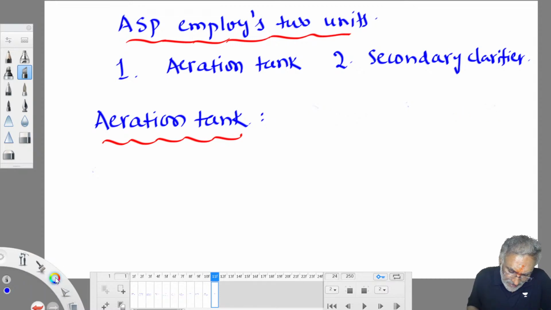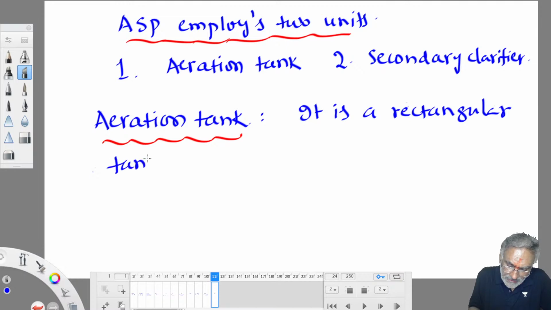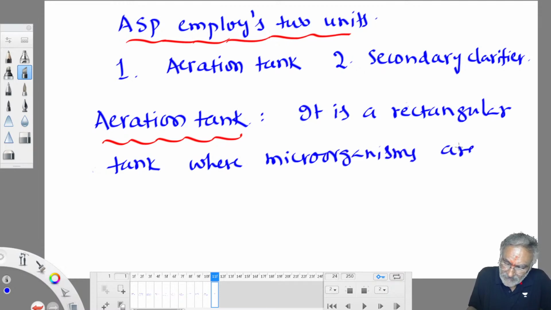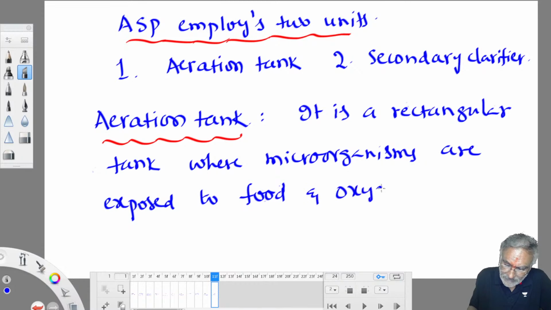Food is there, so microorganisms are exposed to food and oxygen in the aeration tank. They get their food and their oxygen while passing through the aeration tank. That's all, a rectangular tank it is.